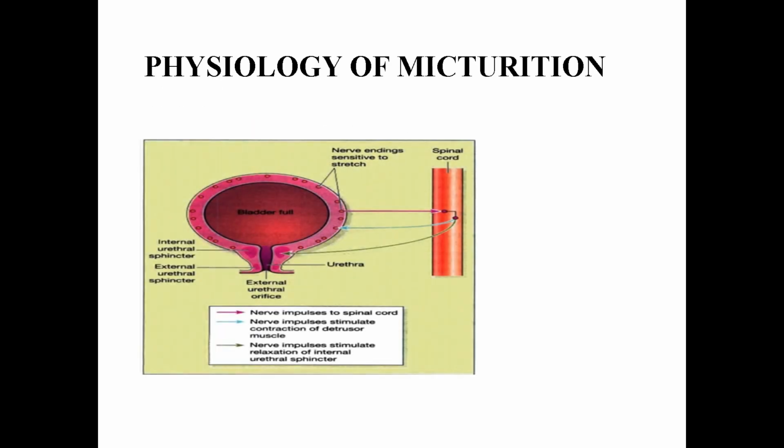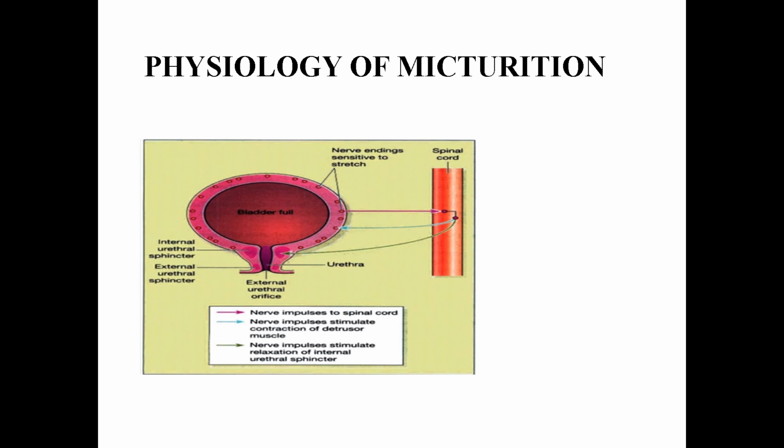Physiology of micturition. So micturition is just the process of urination. Okay, so the urinary bladder receives urine from the kidneys. The stretch receptors detect filling, and signals will be sent through the afferent nerves.